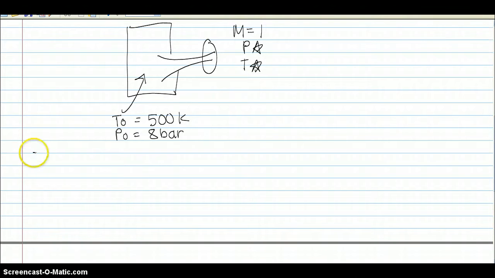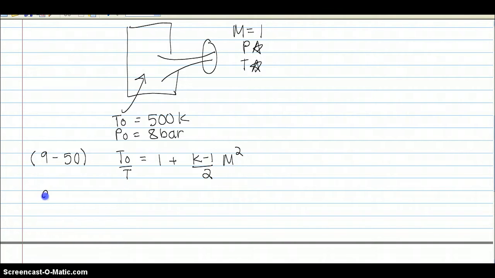In the chapter, equation 9-50 says that T naught over T is equal to 1 plus K minus 1 divided by 2 times M squared.